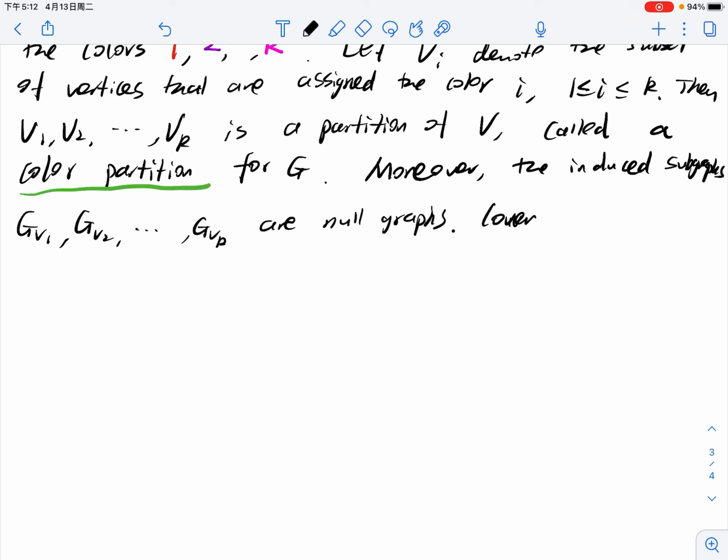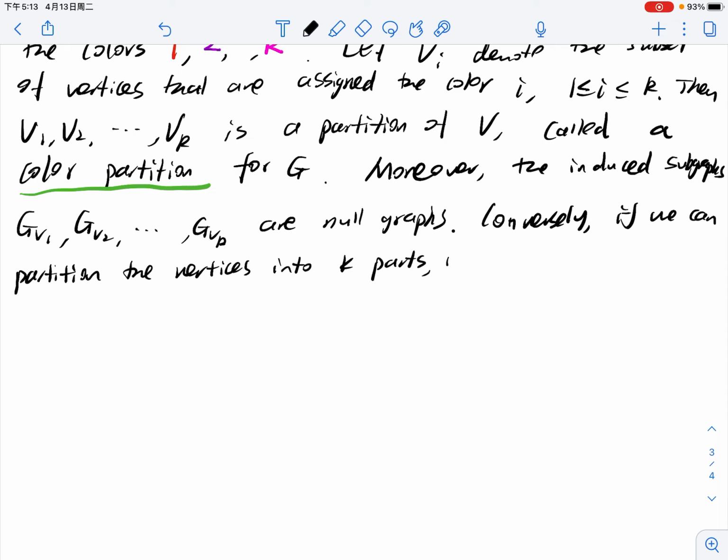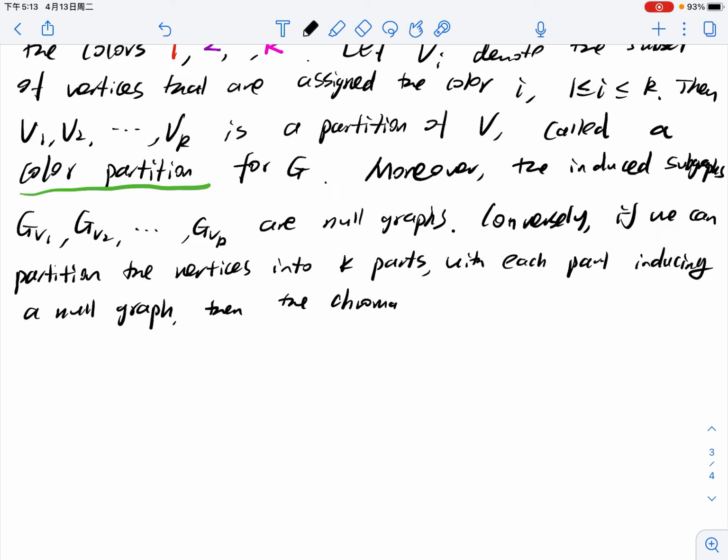In other words, conversely, if we can partition the vertices into k parts with each part inducing a null graph, then the chromatic number is at most k.